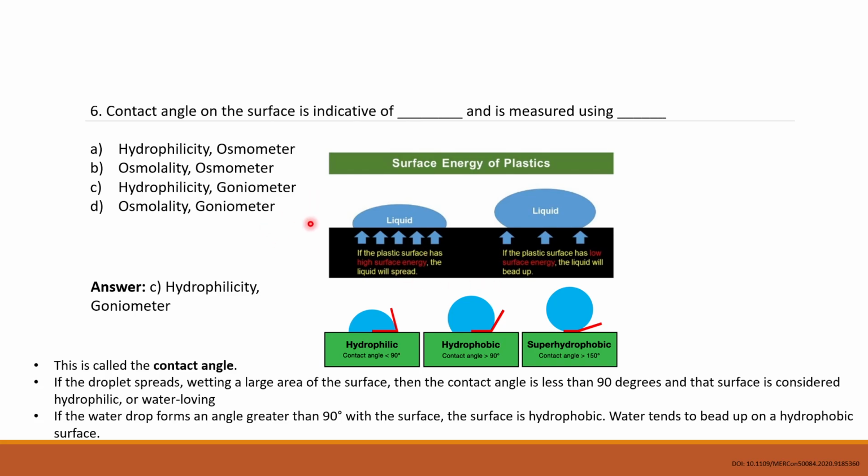We discussed this in the last session. Why does hydrophobicity or hydrophilicity matter? Because based on this nature, your liquid can attach to your surface. If the surface is more hydrophobic, it will repel your liquid, so the liquid can't sit nicely on it. It's also called the wettability of the surface.